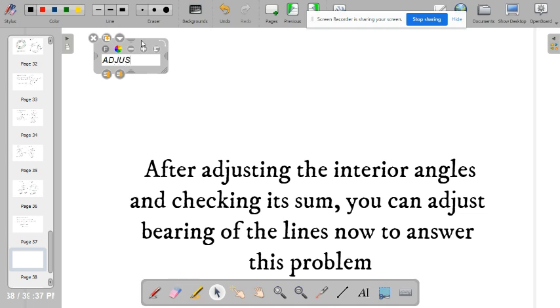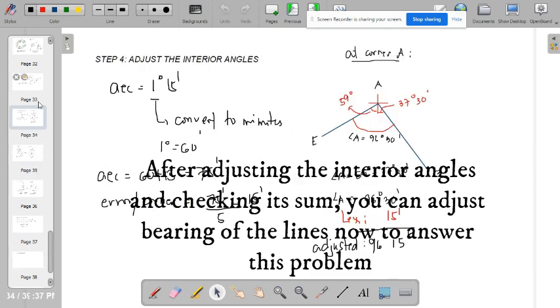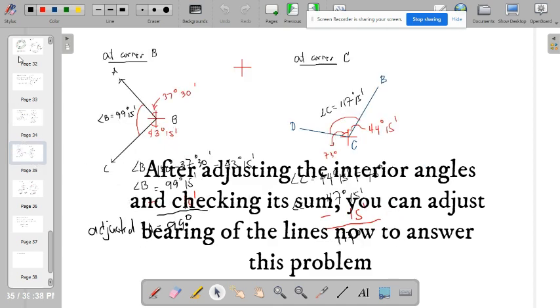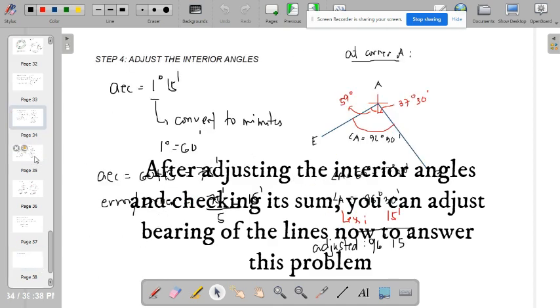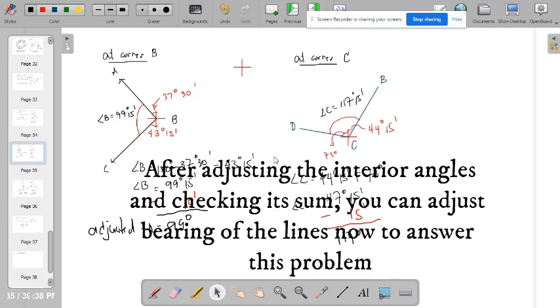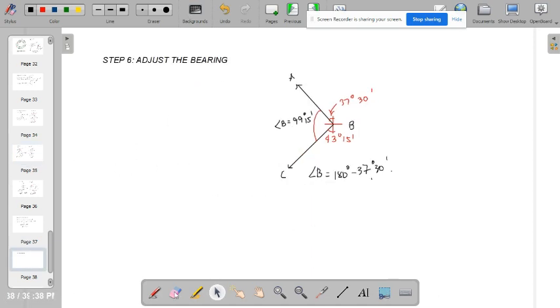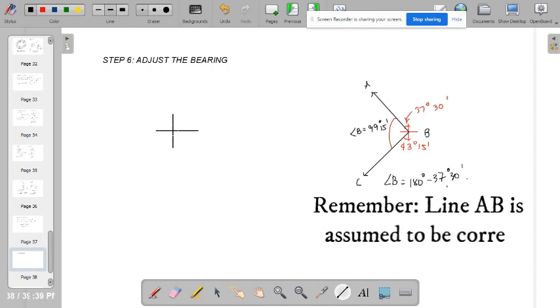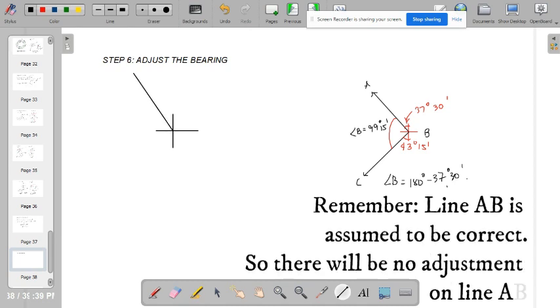This is step 6, final step. So A, wala na tayong problema sa A kasi tama naman, no?